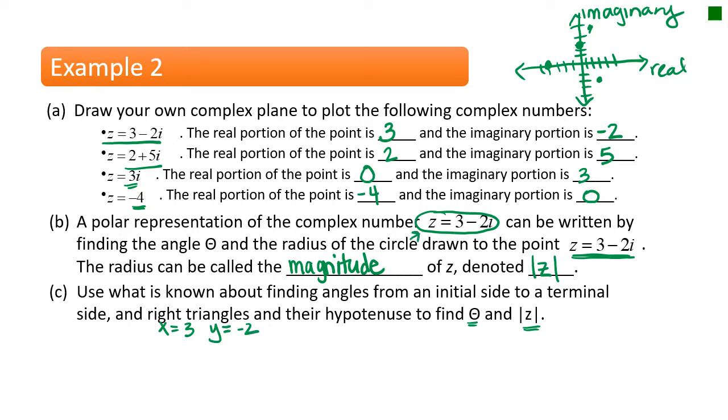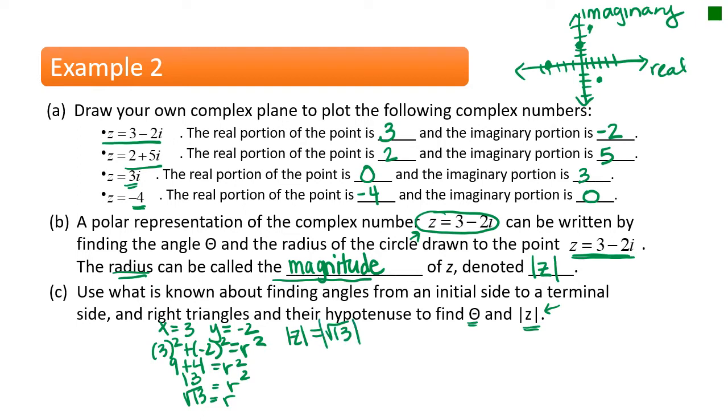I can easily find that magnitude because I know that the magnitude is the same as the radius. So find that radius. We've got 3 squared plus -2 squared equals r squared. 9 plus 4 equals r squared. So r squared equals 13. So r equals the square root of 13. And that magnitude is going to be the absolute value of that, so it's the square root of 13.